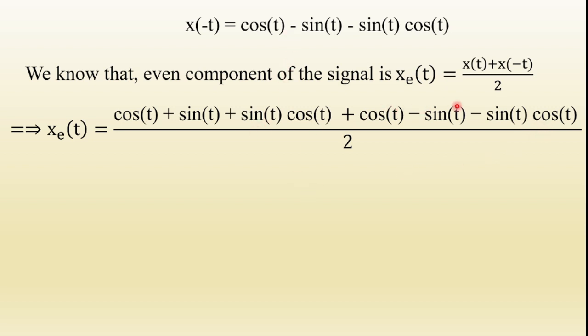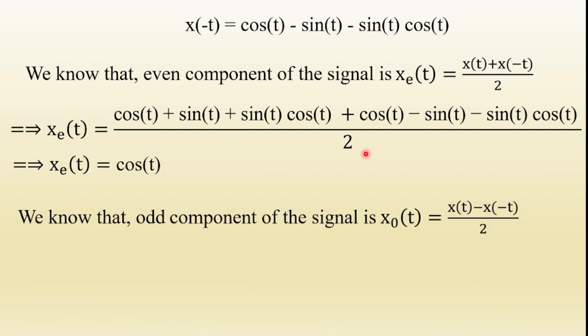In the numerator, sin t and minus sin t cancel, sin t cos t and minus sin t cos t cancel, and the remaining term is cos t plus cos t, which is 2 cos t, divided by 2. Numerator and denominator 2 cancel. We get the even component of the signal is cos t.